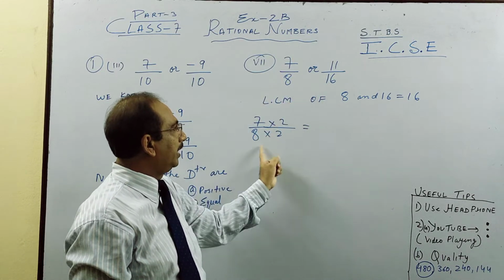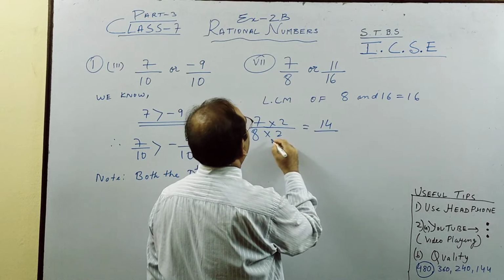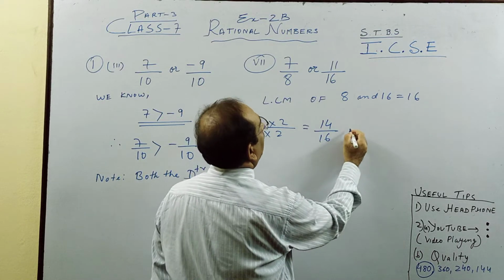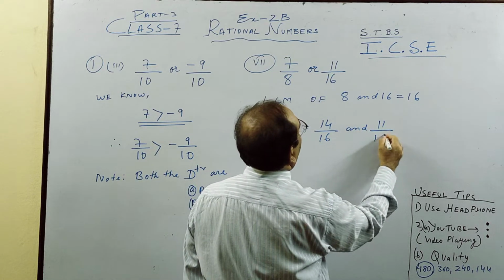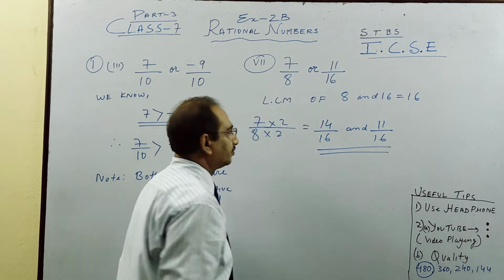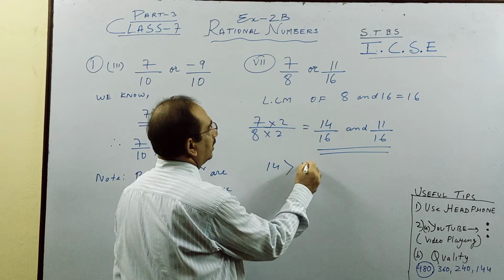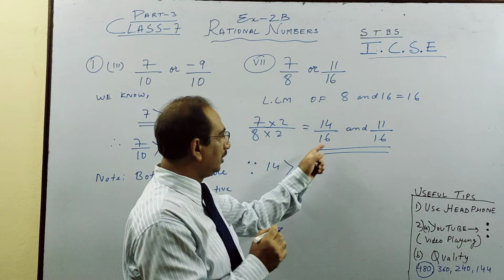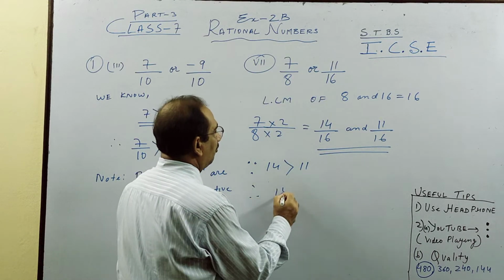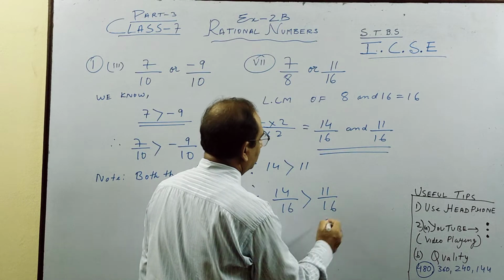So 7 by 8 I multiply and divide by 2, we get 14 by 16, and we have to compare 11 by 16. So what we see, 14 is greater than 11. Therefore, 14 by 16 is greater than 11 by 16.